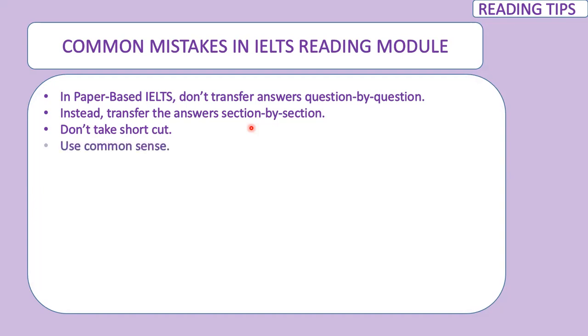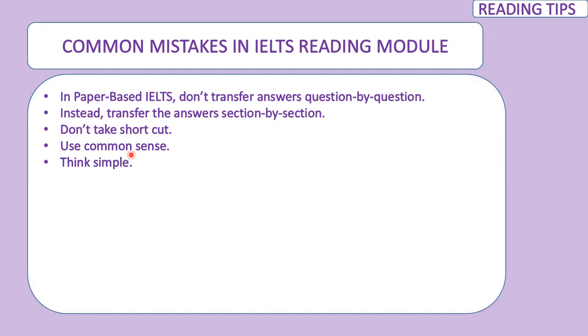All right, use common sense. This is the most important thing, I would say. Why? Because in the reading module, sometimes you have to use your common sense, right? At times it happens you try to think very technical, very difficult, but once you start using your common sense, you tend to get the answers very quickly, efficiently, and correctly. Think simple. I have told you several times during my entire training to think simple.